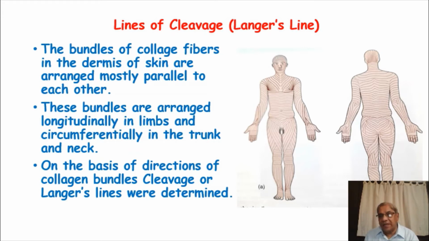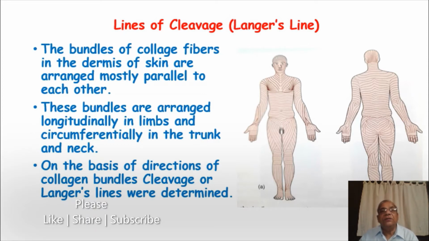Imaginary in the sense that you don't see any line on the surface of the skin of your patient or on your own body, but these are lines drawn by scientists by doing experiments, just by finding how these bundles of collagen fibers are arranged in our dermis.